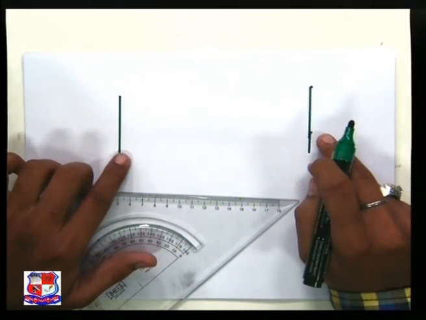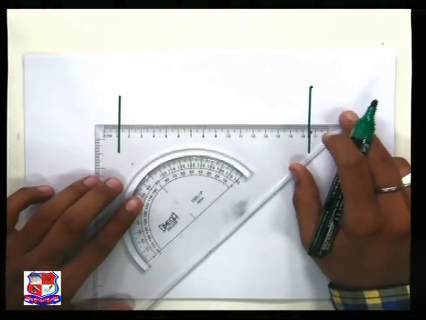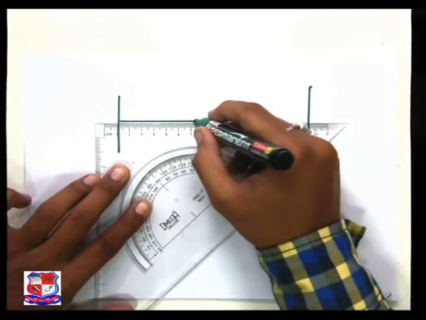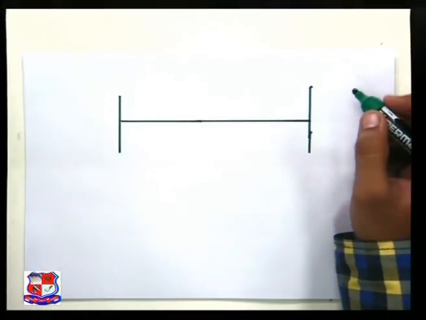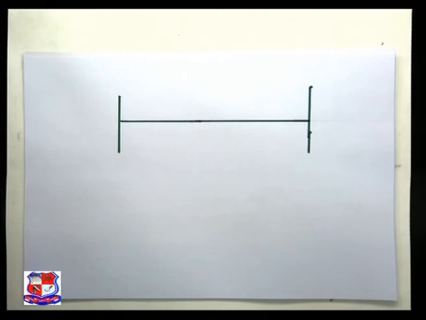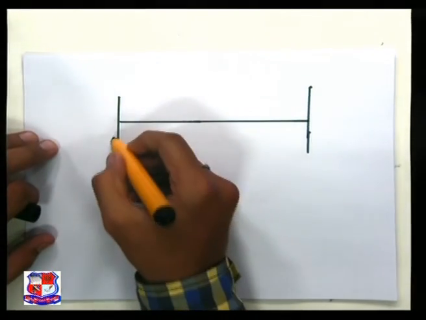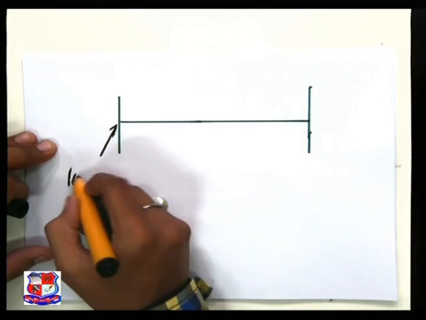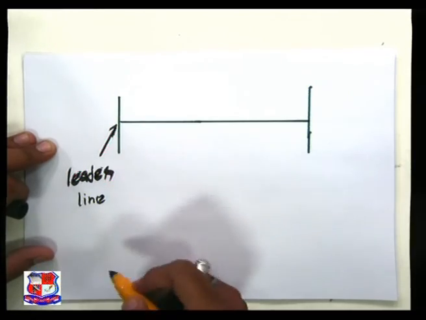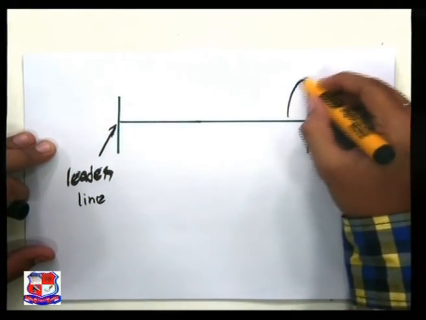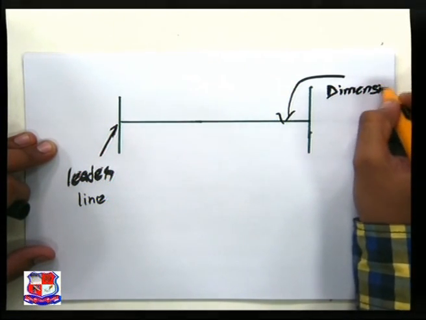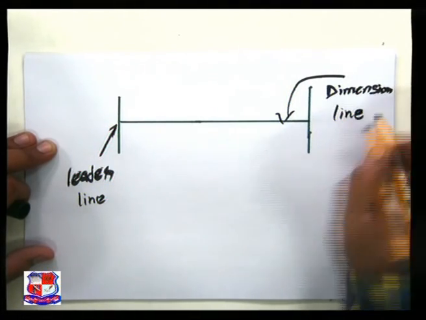These are called leader lines. This is called the dimension line. This is the leader line. This is the dimension line.